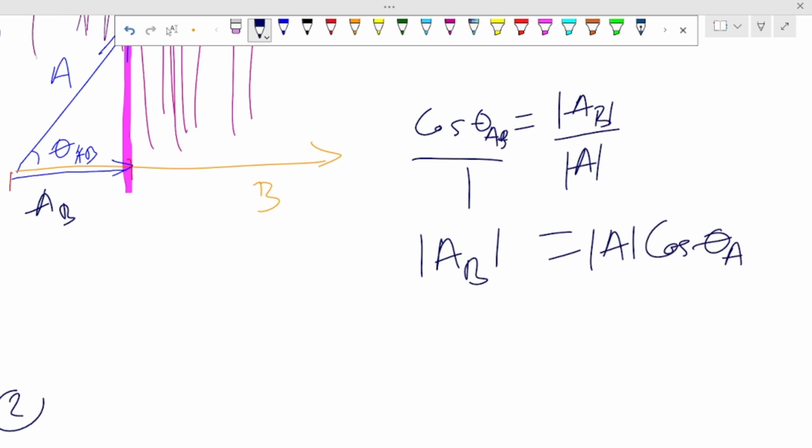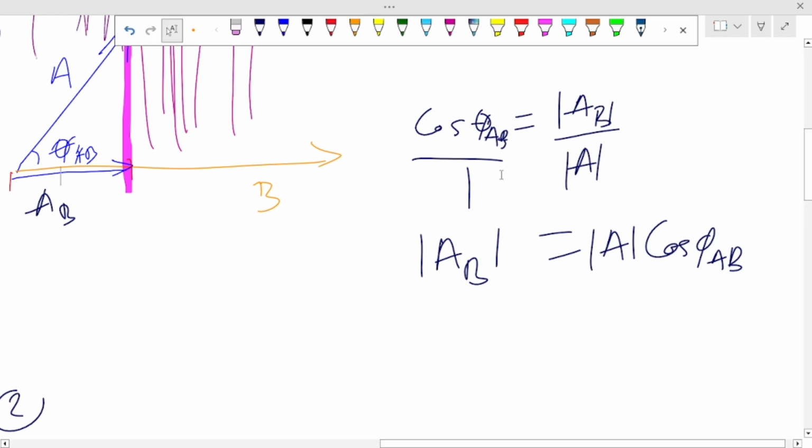I'm using theta here instead of phi; whichever one you use, it is the same thing. Let's use that for uniformity. Okay, so we get the point.